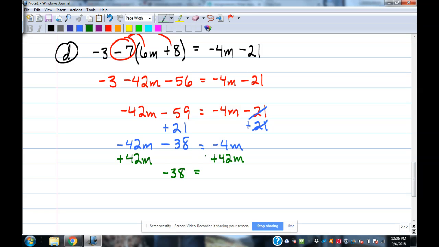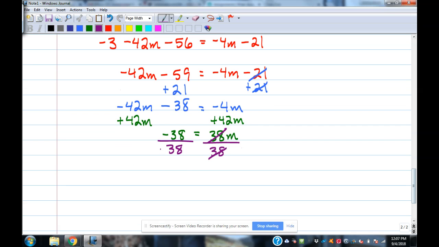It had a minus sign in front of it, so we treated it as -38. What's 42 minus 4? 38m. Last step. Divide by 38 on both sides. It's always by that number that's in front of the variable. It's -1.